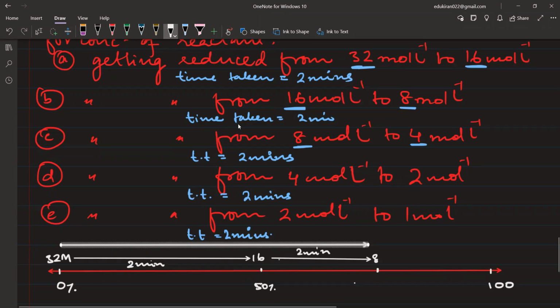Similarly, after 8 to 4, this is going to take again 2. But if I start from 32 and I go till 4, it is going to take me 3 times 2, 6 minutes. Can all of you see that? Yes, sir. So please see, this is very important.